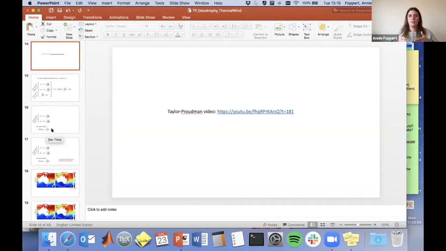In general, it's more about how the flow is steered along isobaths. The flow can't stretch or squeeze in the water column, or it doesn't want to, and so it tends to flow along these isobaths. Okay.